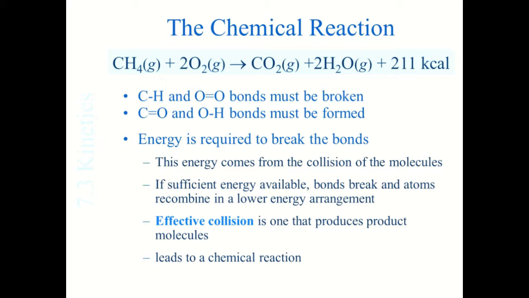If they had written the delta H, they would write it as delta H equals negative 211 kilocalories. They didn't tell me the delta H. They told me that energy was a product in the reaction here. So it's exothermic. Energy is released. Okay? So be careful of that.